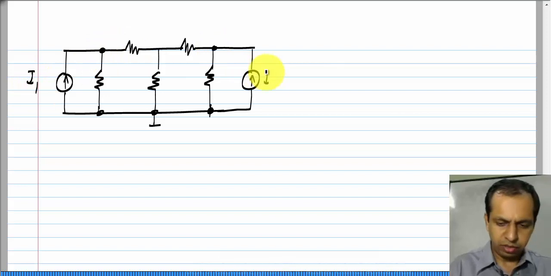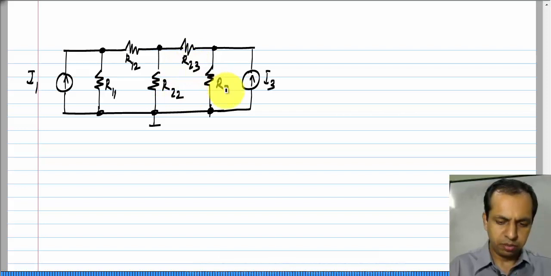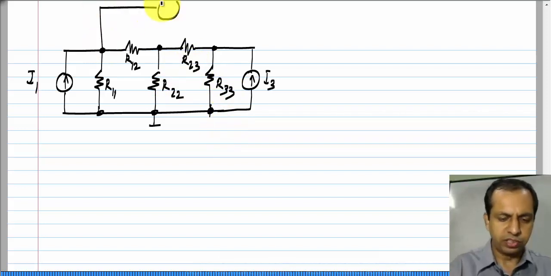I had I1, I3 and R11, R12, R22, R23, R33. Now, I had discussed circuits like this, if not exactly this one.